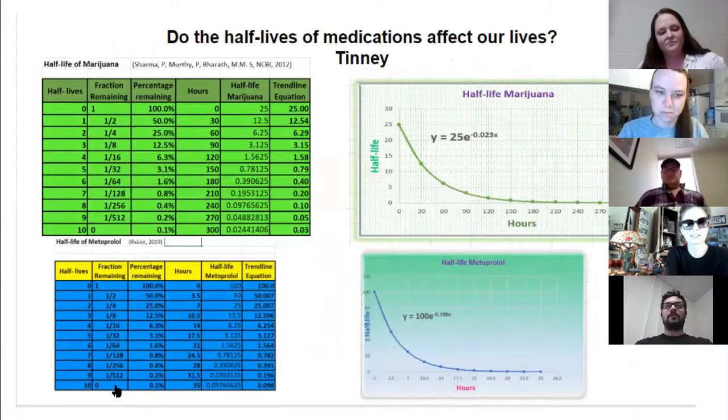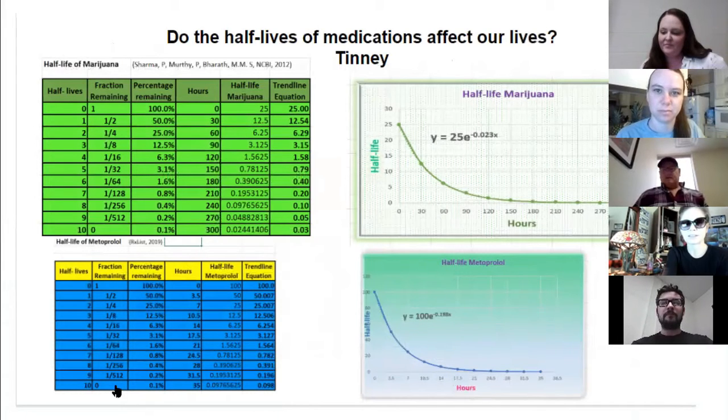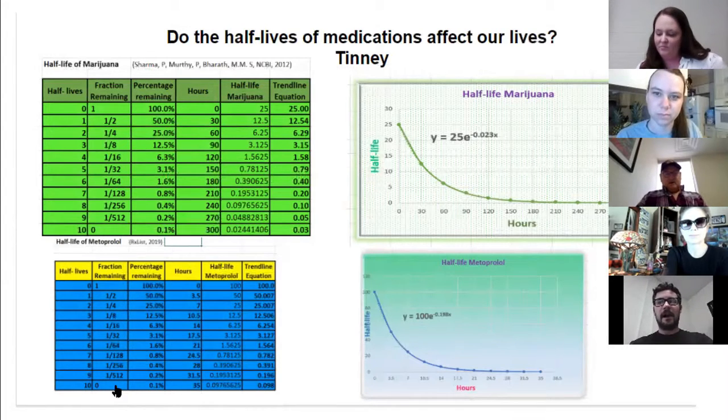For John Tinney, do the half-lives of medications affect our lives? It certainly affects mine. I have to take blood pressure medication morning and night, and you'll see here the half-life of metoprolol, that's the medicine I take every day. I take 100 milligrams in the morning and 100 milligrams at night, and at 3.5 hours, I still have about half a dose in me.